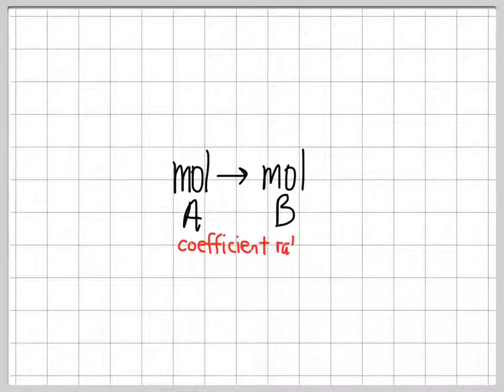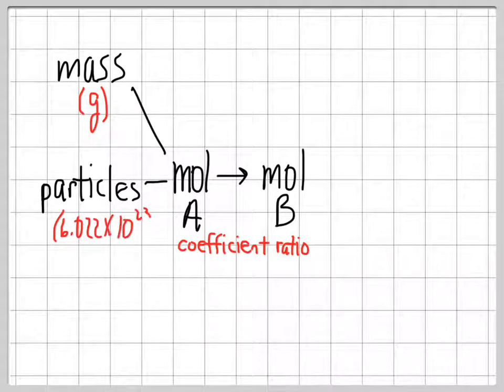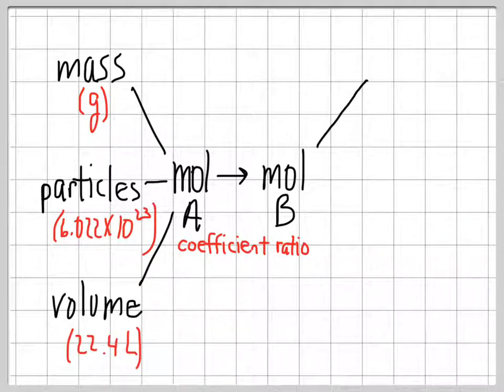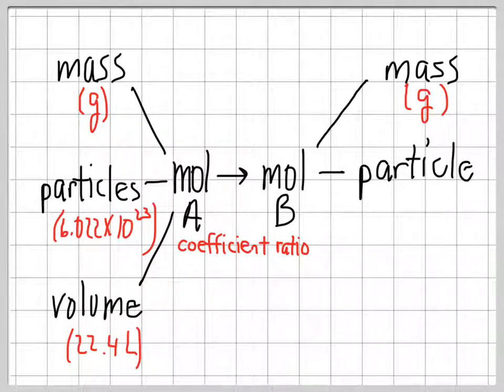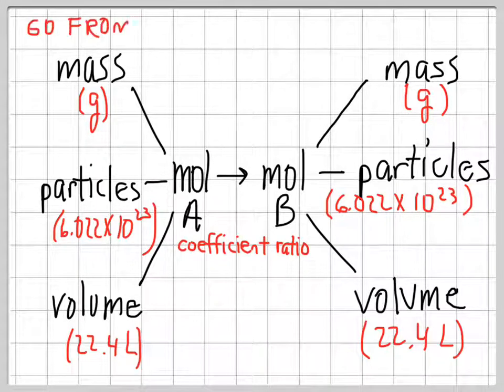On this particular screen, what I'm doing is just very quickly jotting down the mole map. You should pause at this point and see if you can do this. It's not that hard. Start with moles of A to moles of B in the middle, and remind yourself that the coefficient ratio is the conversion factor. Then, off to the left, think about substance A. You might start with mass, particles, or volume, and jot that down, and remind yourself of what the conversion factors are.